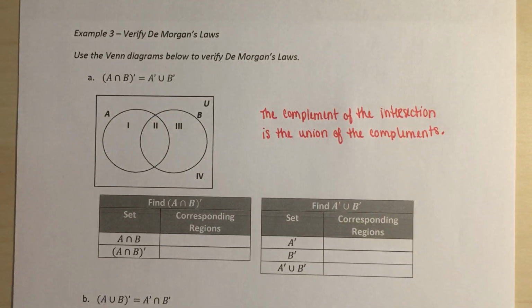Right, so notice if we compare one side to the other, we have an intersection sign versus a union sign, and then we have complements on, again, parentheses rather than just individual sets.